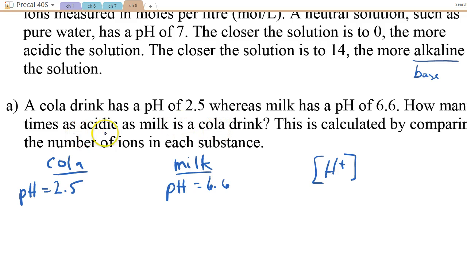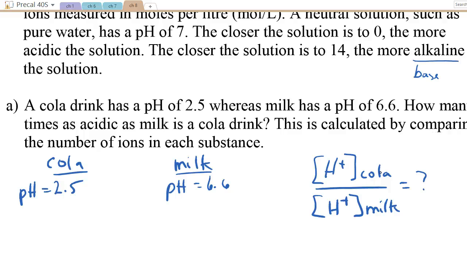So we want the hydrogen ion concentration of cola divided by the hydrogen ion concentration of the milk. This is really what we're looking for. How many times more hydrogen ions of cola are there compared to our milk?